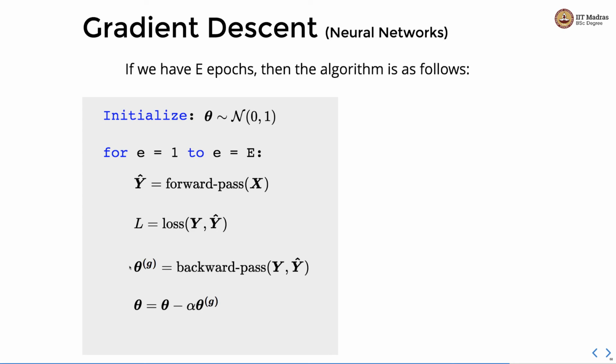In the backward pass, we get the partial derivative with respect to the parameter vector, and we use that to update the parameter vector by multiplying this partial derivative with the learning rate alpha. So the new value of the parameter vector theta is the old parameter vector minus alpha times the partial derivative of the loss with respect to the parameter vector.